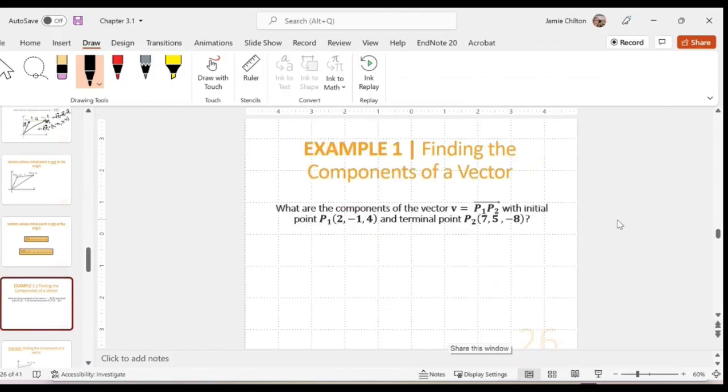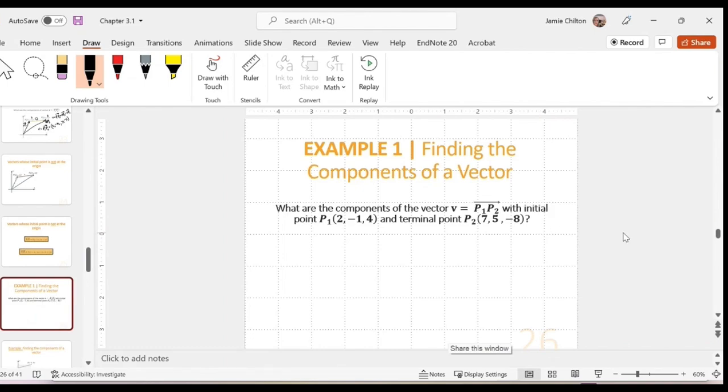Here they have an example where we have a vector v described by P1P2, with some initial points. You'll notice immediately that this is dealing in 3 space because we have 3 components for our initial point P1 and 3 components for our terminal point P2.